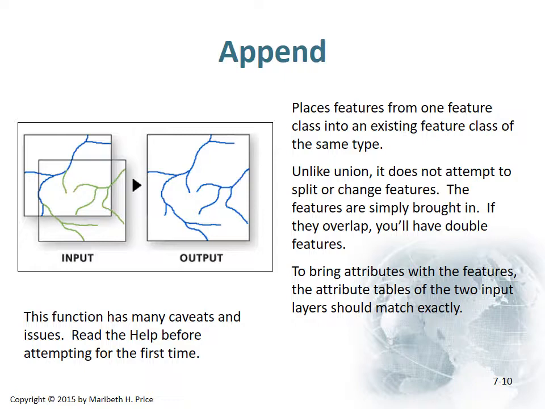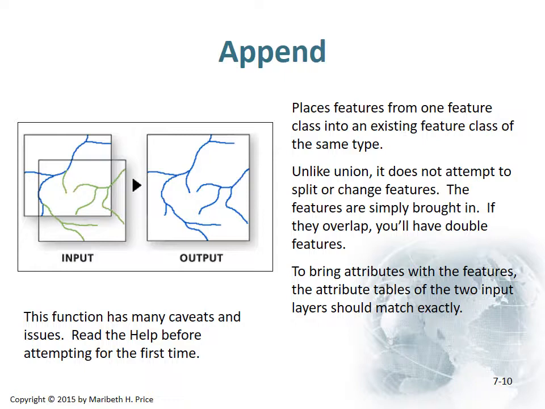So in this case, let's say this is a stream network. You have an existing data set in blue. You're appending the green data set. Your output looks like a stream network, but those lines actually aren't connected in a network. They will not function like a network. They're just visibly being displayed that way.